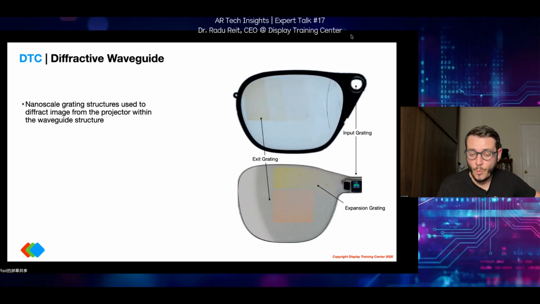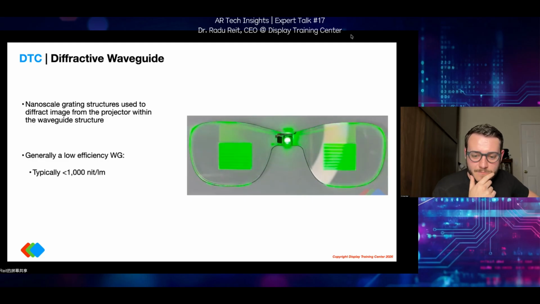We can again do a one or two-dimensional diffraction, similar to how we did reflection, where we may have an expansion, a very clear expansion grating, like the Rokid one at the very bottom here. But the concept is very similar for both of these. And this is unfortunately a much easier to manufacture device, but it is a much less efficient device. All manufacturers so far are quoting around 1,000 nits per lumen or less for their overall efficiency.